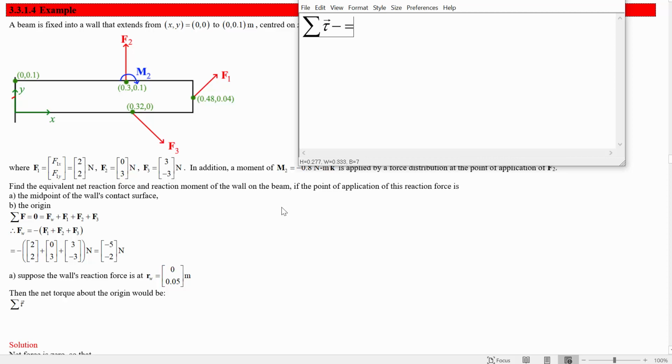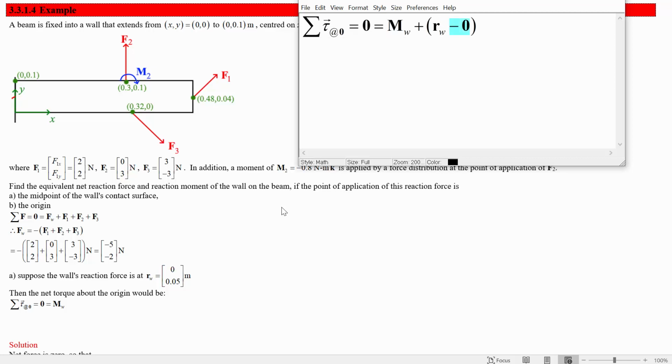And we know that that's going to be, let's put in at the origin, equal to the 0 vector, and this should be the moment applied by the wall plus the RW minus the origin.